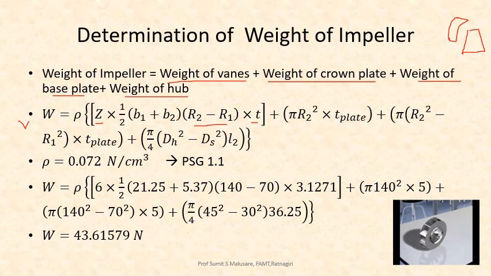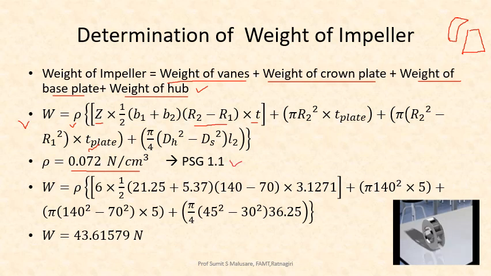So that's why the volume of that plate is equal to pi into R2 squared minus R1 squared into thickness of the plate, plus pi by 4 into dx squared minus ds squared into A2, which is nothing but the volume of the hub, and the whole volume multiplied with density gives you the weight of the impeller. And density for cast iron is given as 0.072 Newton per cubic centimeter from PSG 1.1.